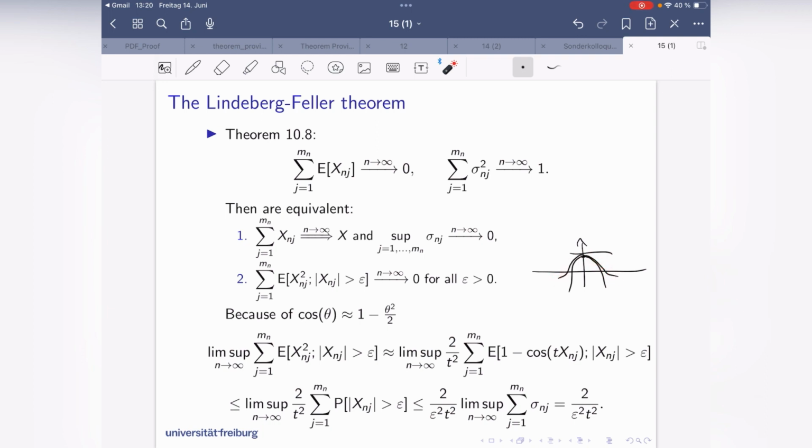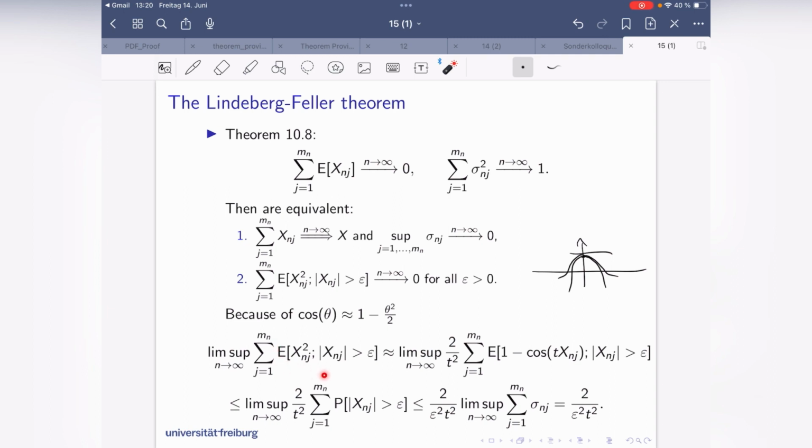So for small x, that's approximately the same, so I can use this approximation. So 1 minus cosine is approximately theta squared over 2. I have another restriction here, that X_nj is not too small, but still small, so that the approximation still holds. 1 minus cosine is approximately theta square.